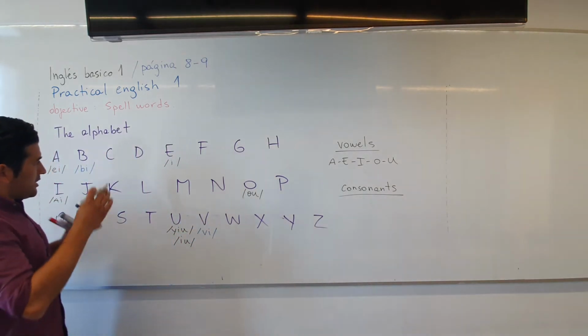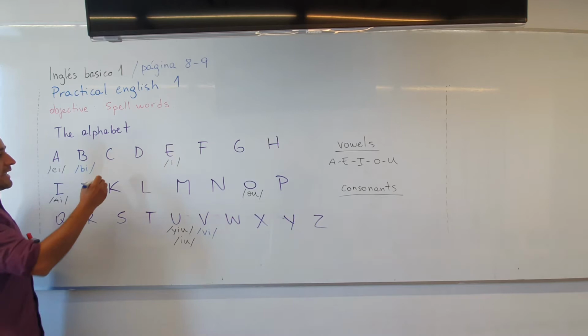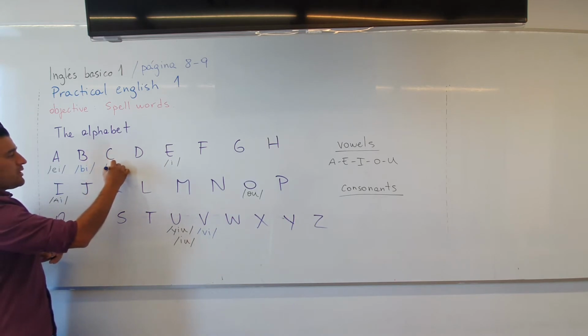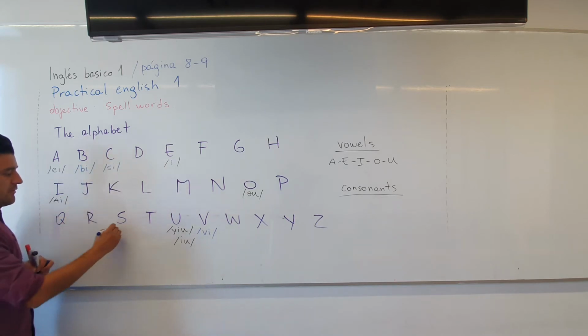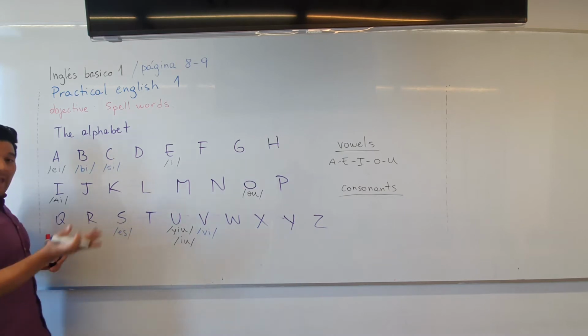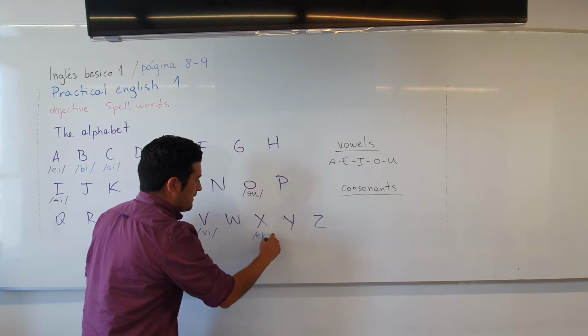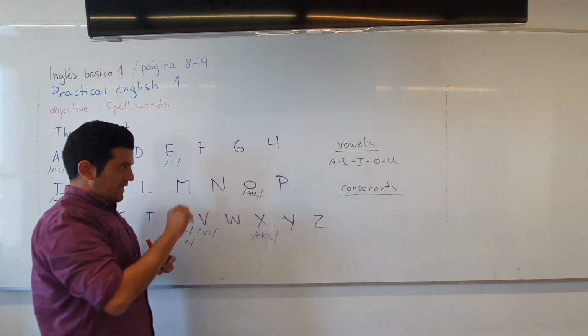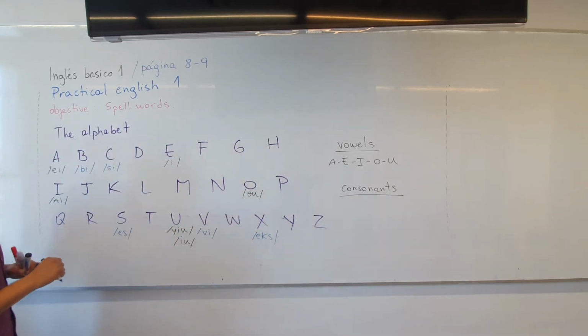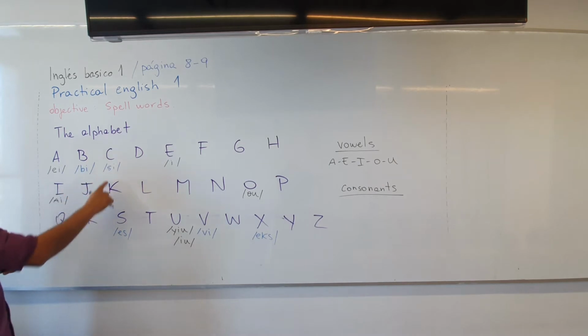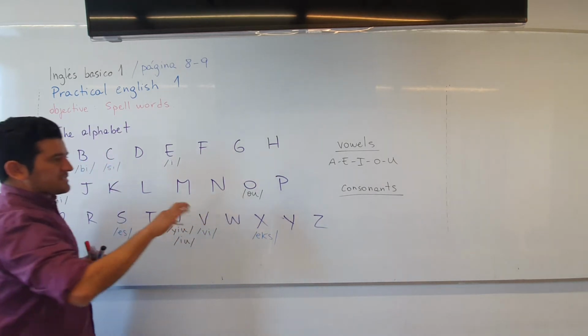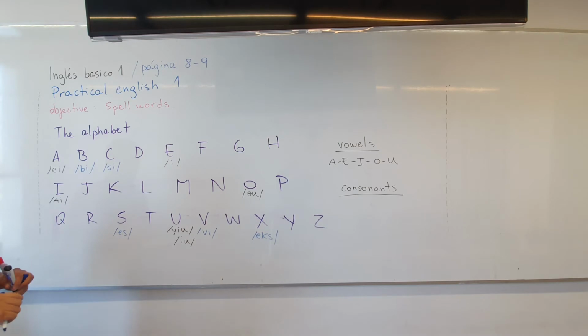Okay, let's continue. Here we have another group. For example, we have C, different than S, or different than X. So in that case, it's different. We have C, S, X, so not to get confused with that part.